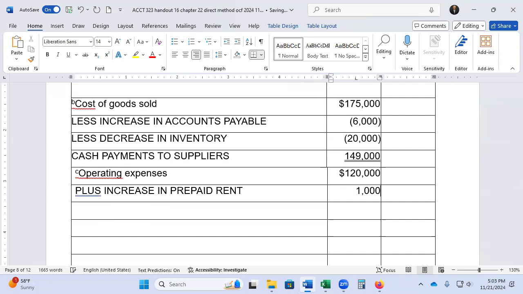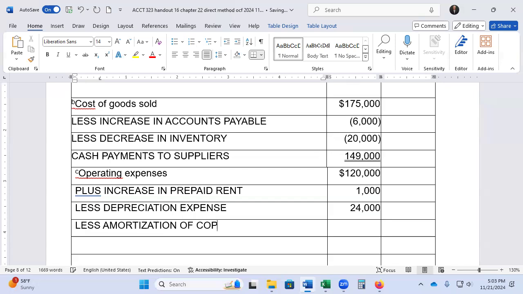That was 1,000. Less depreciation expense. Now you have to calculate it, but I'm going to give it to you here. It's 24,000. Less amortization of copyright, 4,000.